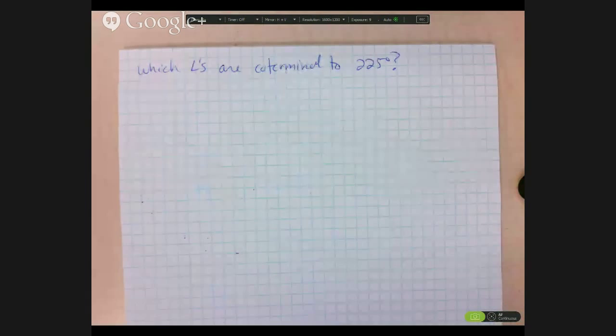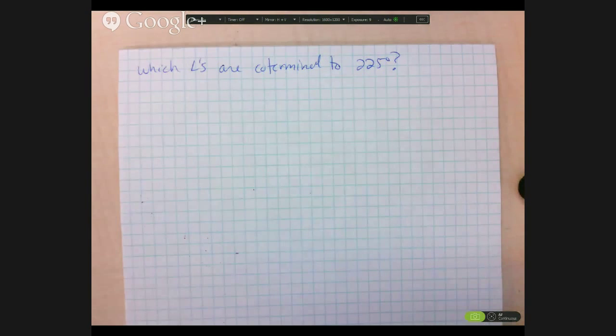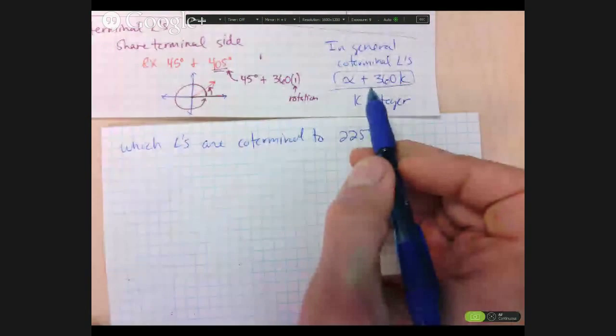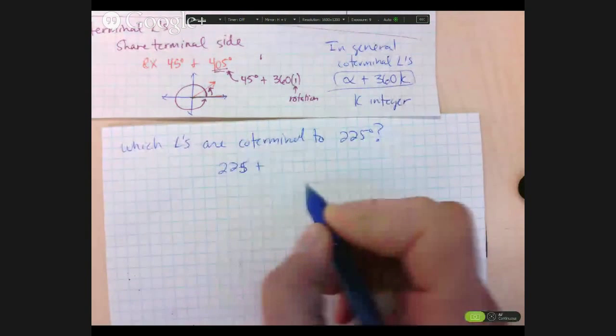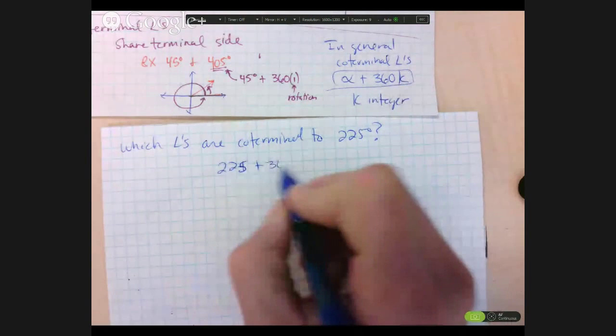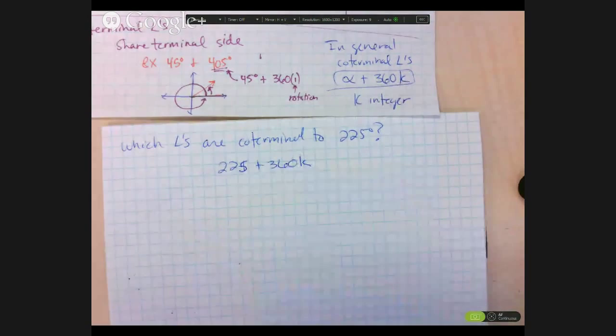Okay, which angles are coterminal to 225? In general. What's alpha? We're using this formula here. So we have 225 plus 360k. Okay. Those are all the angles that are coterminal to 225.